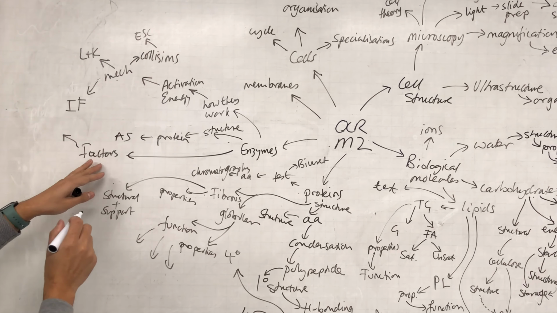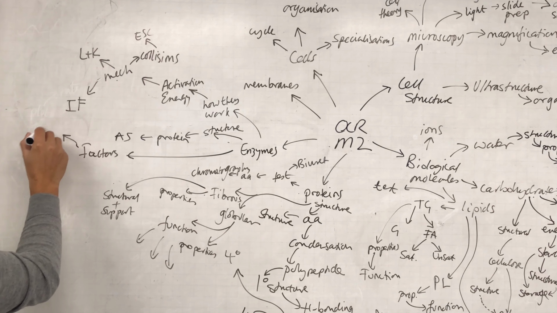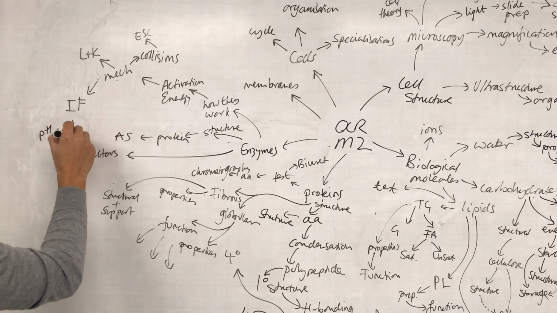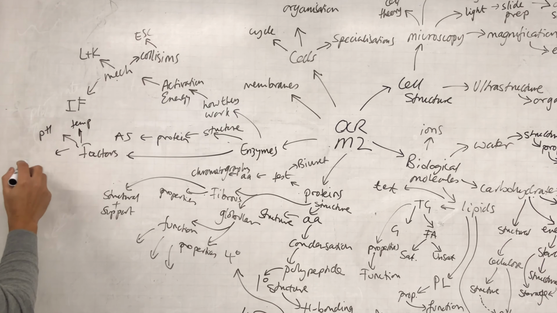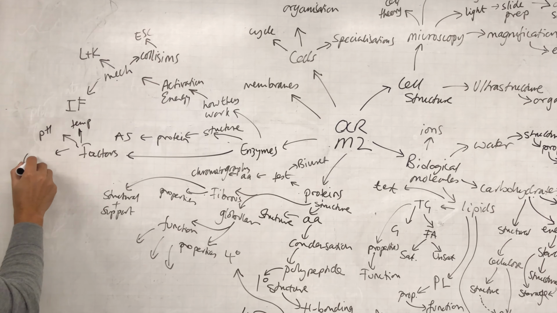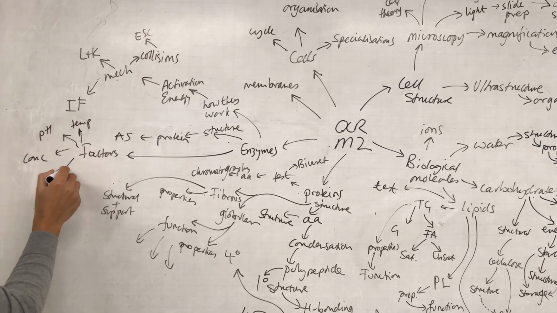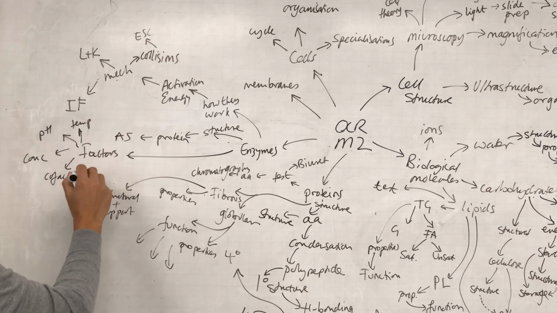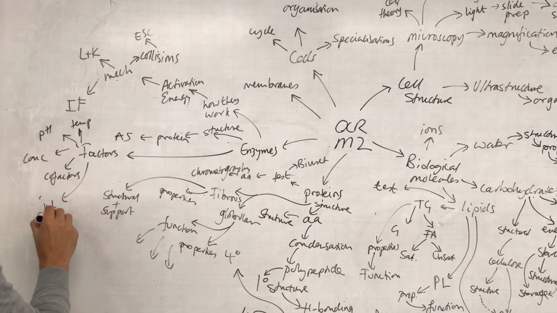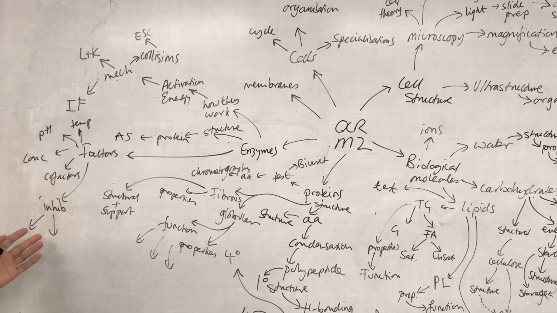Okay, so what the factors are: pH, temperature, we can have the concentrations, we can have cofactors that help the enzyme to carry out its function, but we might also have inhibitors that might reduce the activity of the enzyme. And remember, we've got different types of inhibitors as well.